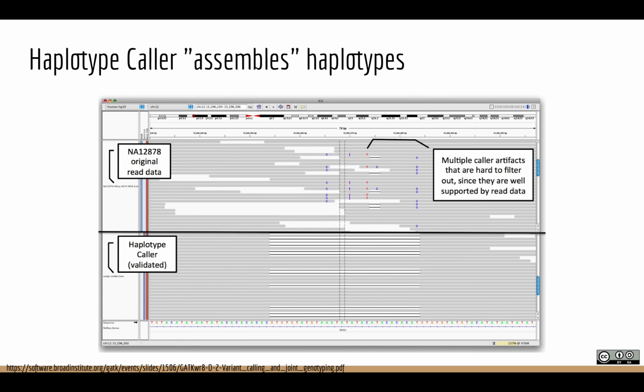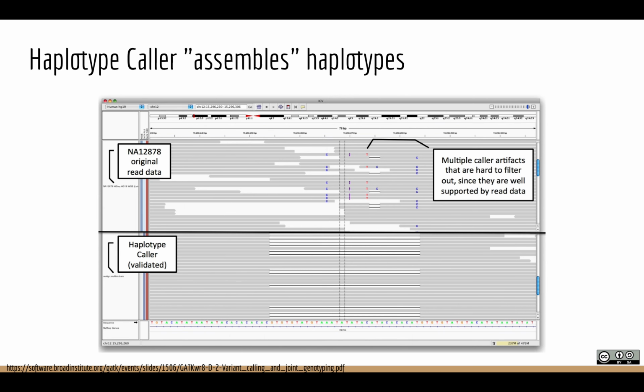This assembly of haplotypes also allows it to clean up the alignments like we saw last time, especially for indels. This is the exact same site in the same individual. These are the raw alignments from BWA, where the Smith-Waterman algorithm sort of messed things up because each of these sequences is aligned to the reference in a vacuum, agnostic to the alignment of all the other reads at this locus.